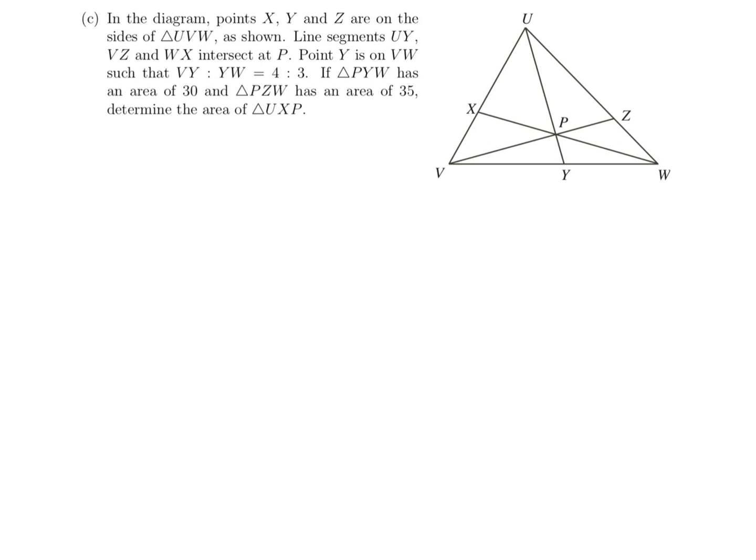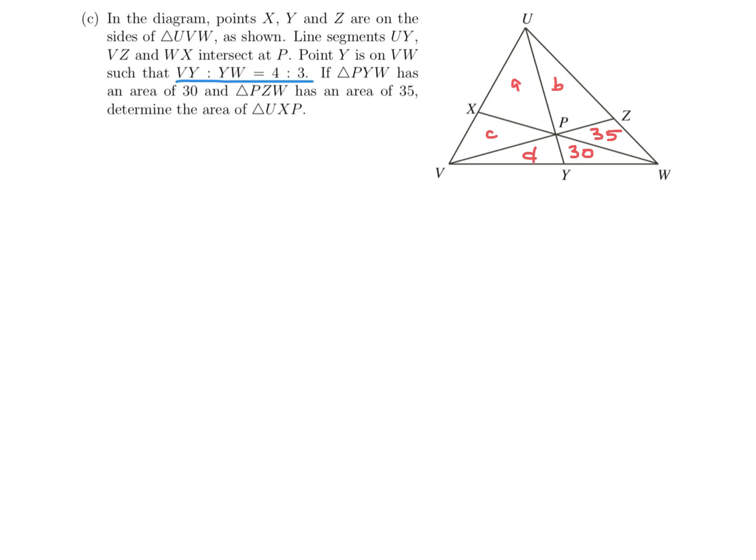So let's first label what we have in this diagram in terms of what they gave us. So this is 30 here, this PYW, PZW is 35, and I think that's all they tell us. So the other ones I'll label, this triangle I'll call B, A, B, C, D, I guess. Just like that. And then they told me that there's only one ratio in here, right?